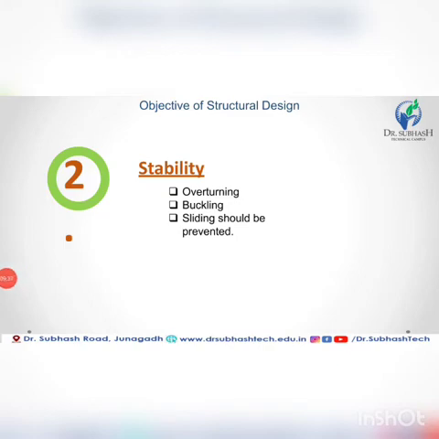A structure system is in a state of equilibrium if the construction permits no rigid body movement upon application of load, like overturning, buckling, sliding, should be prevented.